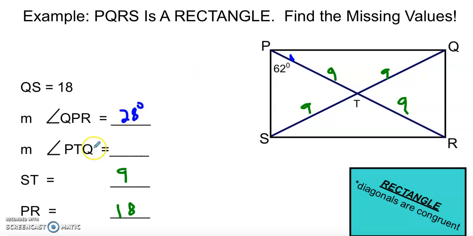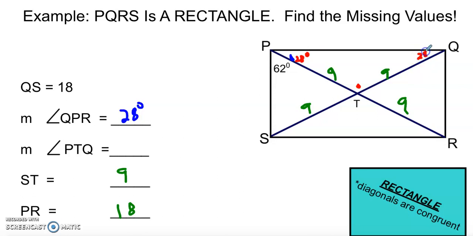And then angle PTQ. I'm going to change that color again. Angle PTQ is this red angle. As I told you before, there are 4 isosceles triangles inside of there, which means because I have 2 sets of congruent sides, I have 2 sets of congruent angles. So if this one here is 28 degrees, then I've also got 28 degrees inside of here.